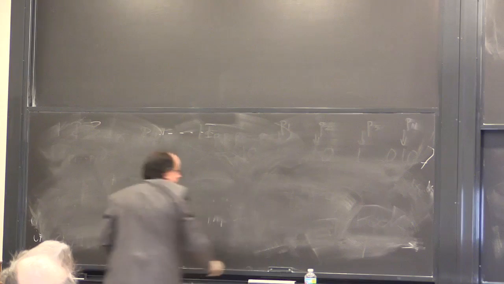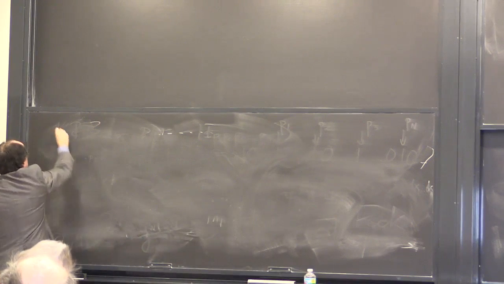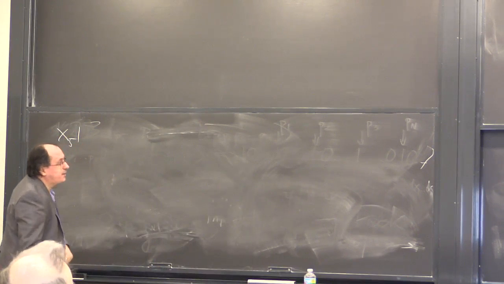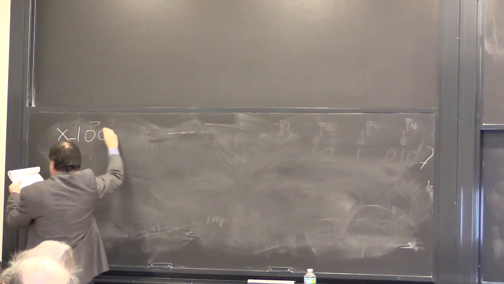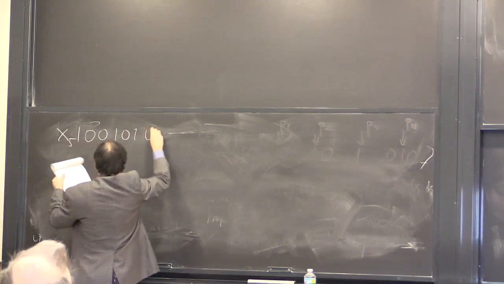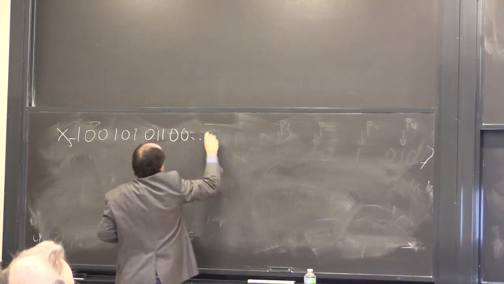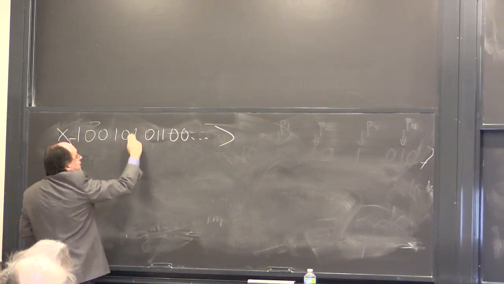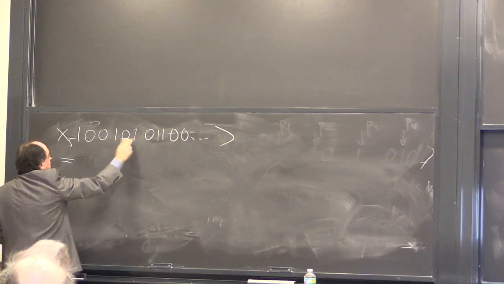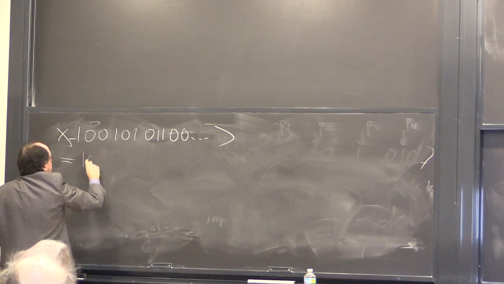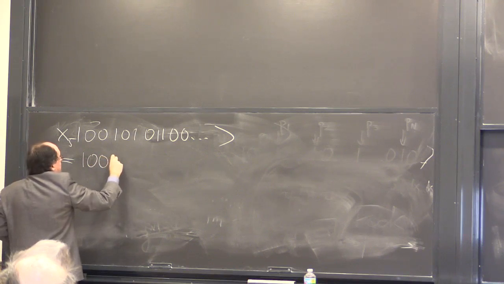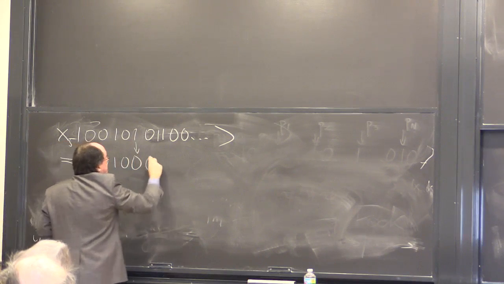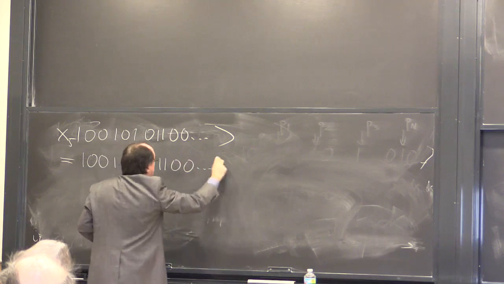So if I want to continue on this example and try to act with x5, so 0, 0, 1, 0, 1, 0, 1, 1, 0, 0, and so on. And again, according to our definitions, you have to remove a single particle state number 5. Okay, so it's going to be 0, 0, 1, 0, 0 here, 0, 1, 1, 0, 0.